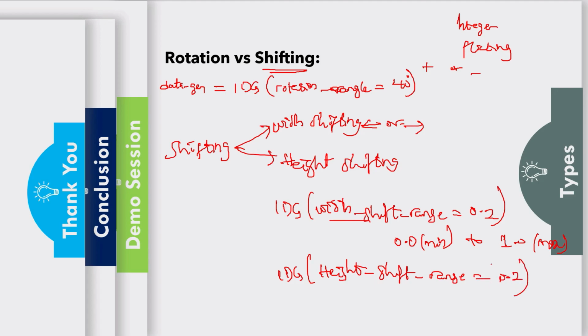Again, it says 20%. In this case, will it shift it to the left or to the right? It will shift it either vertically or horizontally. So height shifting shifts it vertically, and width shifting shifts it to the left or to the right.